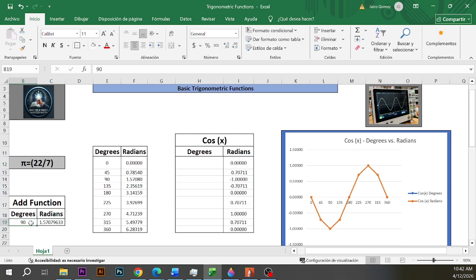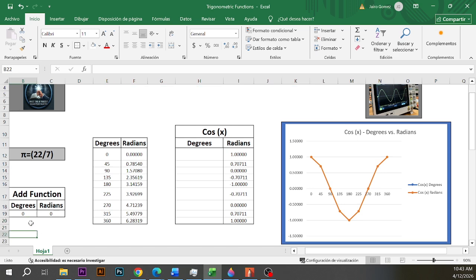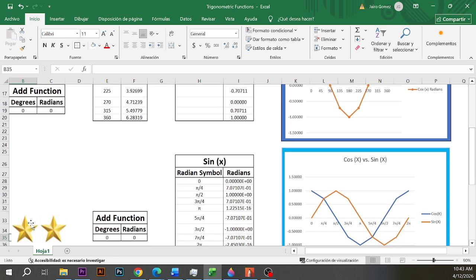And if we add 180 degrees, it flips. This is one of the interesting things about cosine: since it goes infinitely positive or infinitely negative, depending on your preference, the function is never ending, which is also the same case for sine.